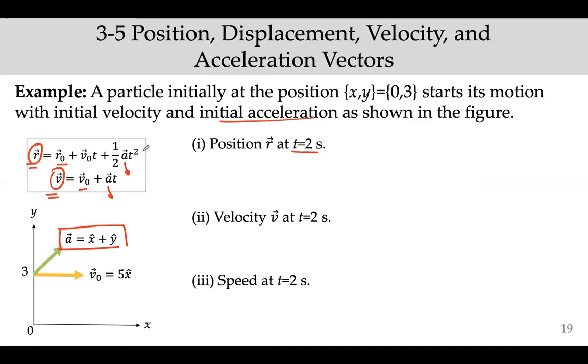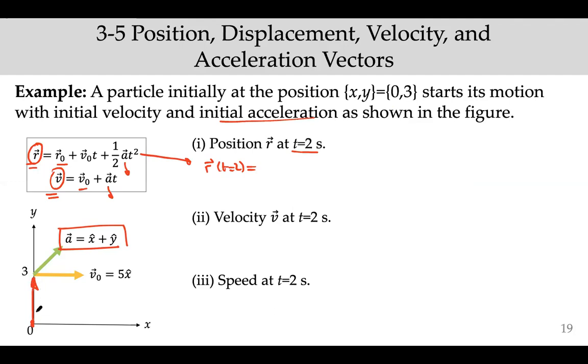So I'm going to use this equation. The position at time equals 2 is, now I have to write the initial position. You have to be careful because we are dealing with vectors here. So whatever I write here, initial position is not 3. Initial position is a vector from the origin to the initial point.